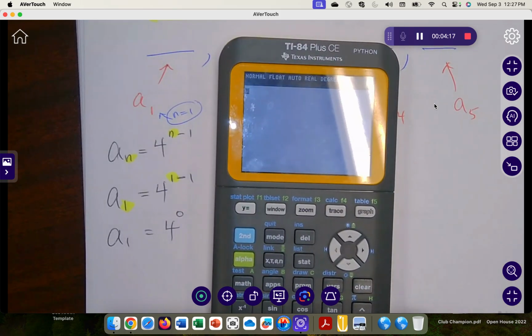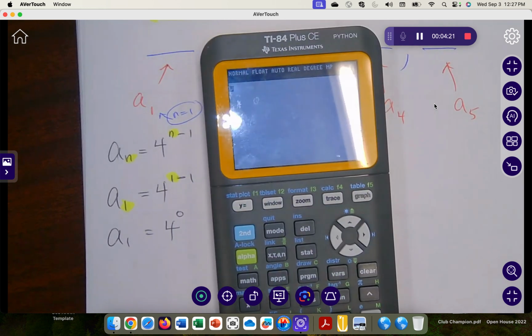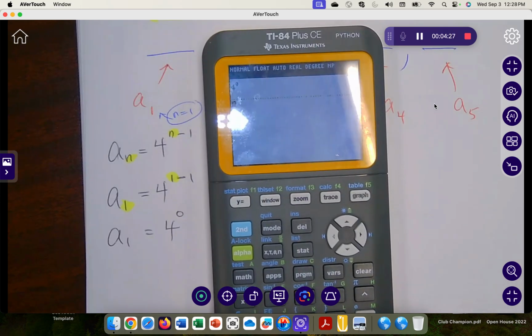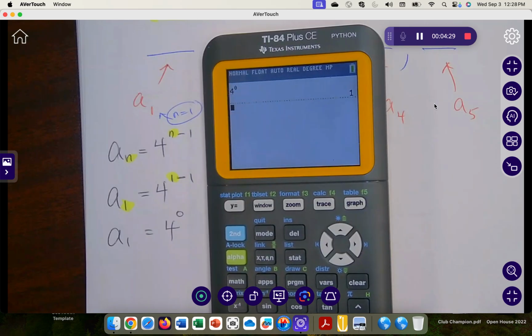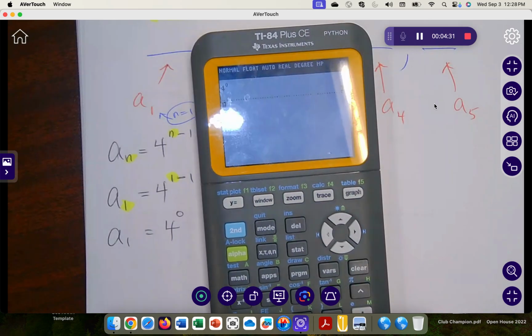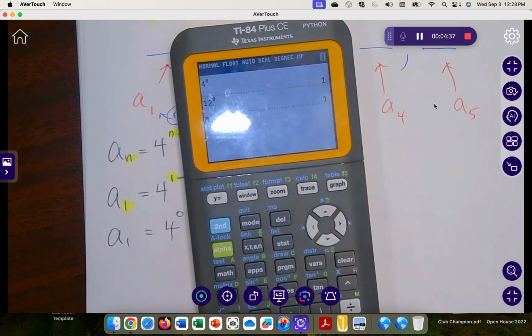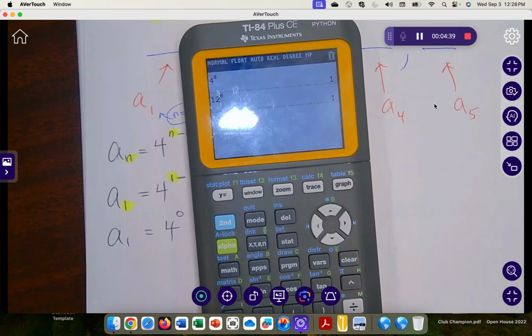Any number to the power of 0, guess what? It kind of gives you the same answer all the time. 4 to the power of 0. What'd you guys get? The answer is 1. Try any number you want. Try 12 to the power of 0. You see, anything to the power of 0 is actually 1.